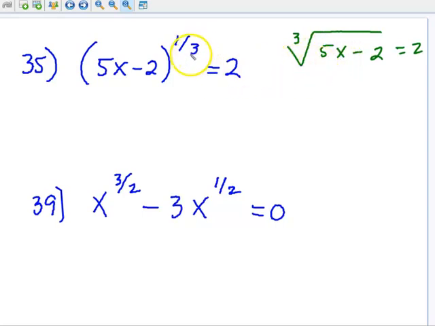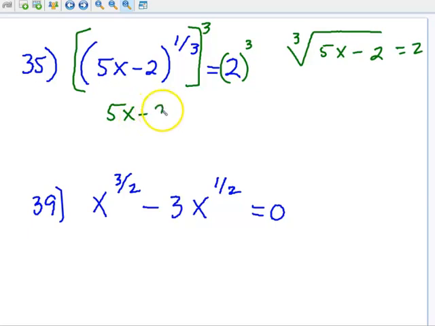So the process is the same. I'm going to raise both sides of this equation to the 3rd power. And when you raise 1/3 to the 3rd, you multiply exponents. That becomes 5x minus 2 to the 1st. And this is 8, 2 to the 3rd. And now it's pretty easy. You add 2 to both sides, divide by 2.